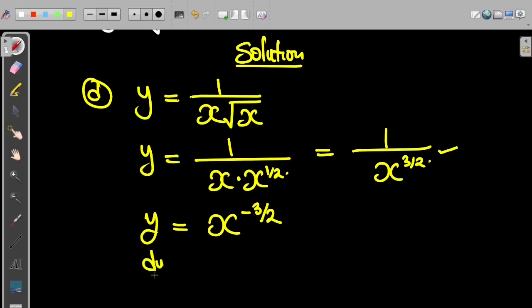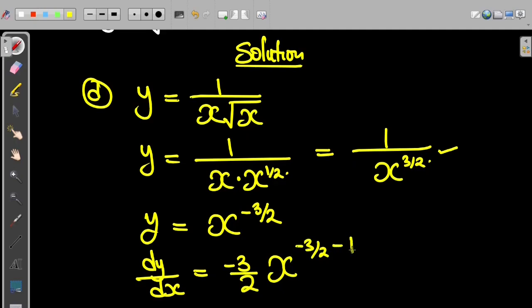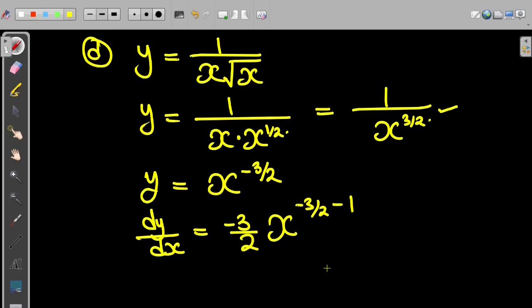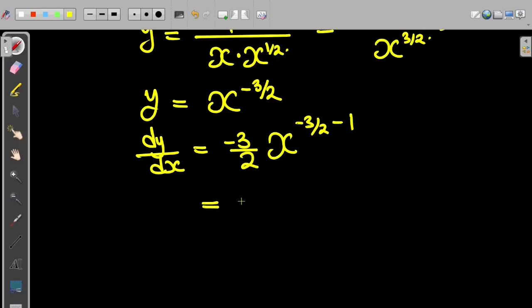So dy over dx will be equal to minus 3 divided by 2 multiplied by x to the power of minus 3 divided by 2 minus 1. So if we simplify, this becomes minus 3 divided by 2 multiplied by x to the power of negative 5 divided by 2.